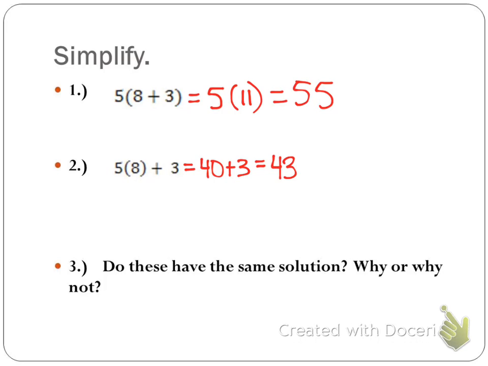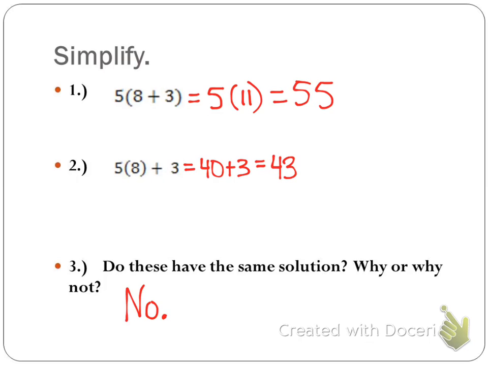So number 3 at the bottom asks, do these have the same solution? I hope it's obvious that they do not. No. Why or why not? We did have 2 different numbers, so that's how we knew they weren't the same solution. But looking at the problems, they have the same numbers involved.